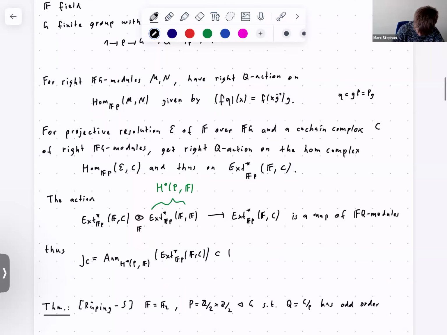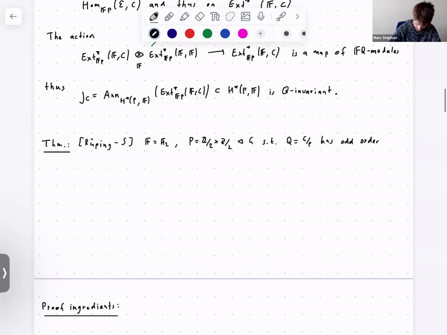This will now be a Q invariant ideal, so closed under the Q action.